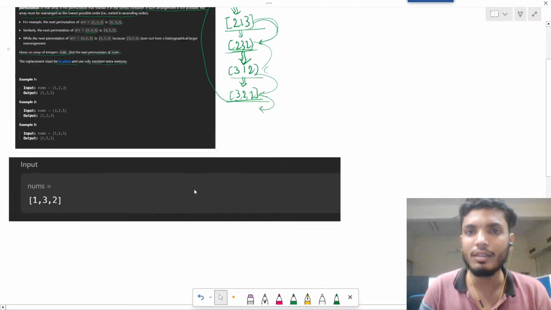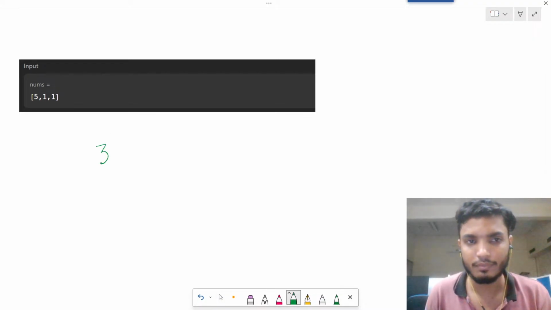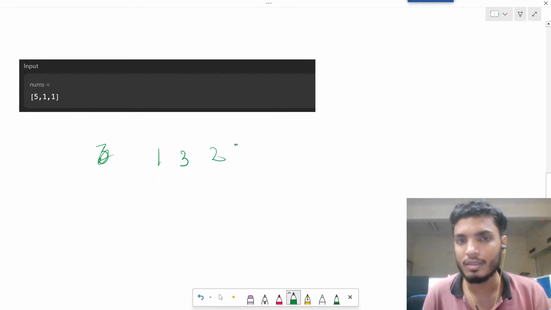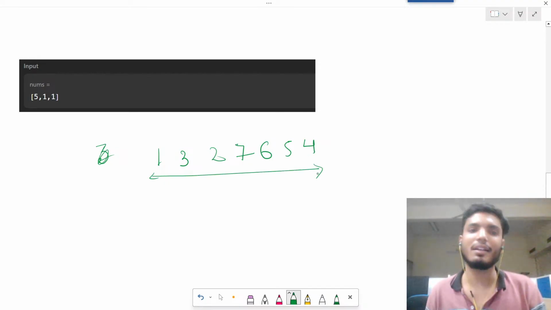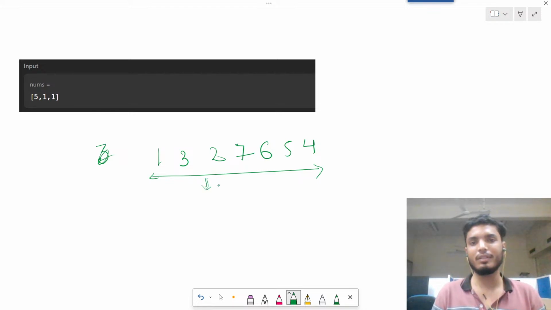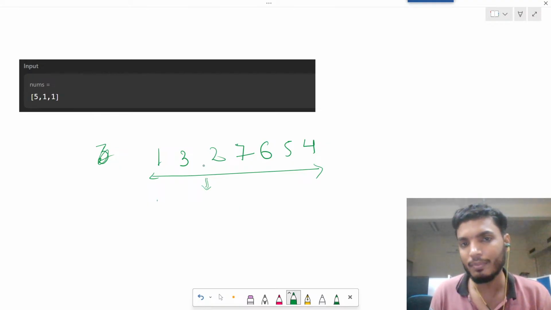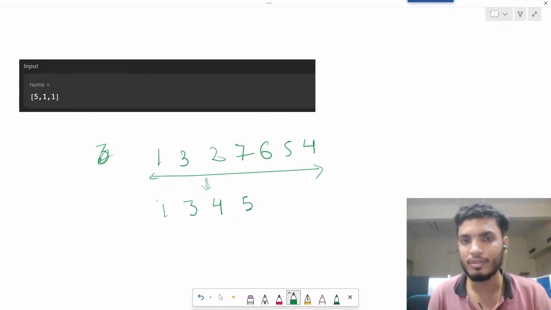So, let's again think 3, 2, 1. Let's take a bigger example. Suppose this is 1, 2, 3, 4, 5, 6, 7. What I was explaining is simple. Now what is its next permutation? If someone asks you the next permutation of it, what will you say? Going by numbering, the next permutation will be something like 1, 3, 4, 5, 6, 7, and this will be 2.